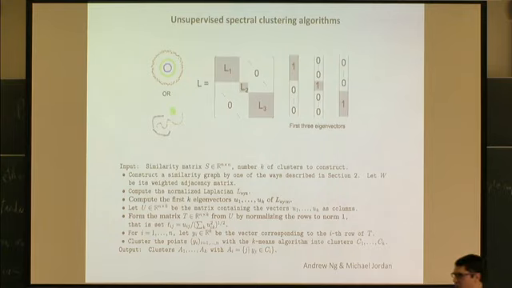The idea is actually quite simple. One of the first steps is to construct the so-called Laplacian matrix of your data set. You compute the adjacency matrix of your data using some similarity measure, let's say a Gaussian kernel.